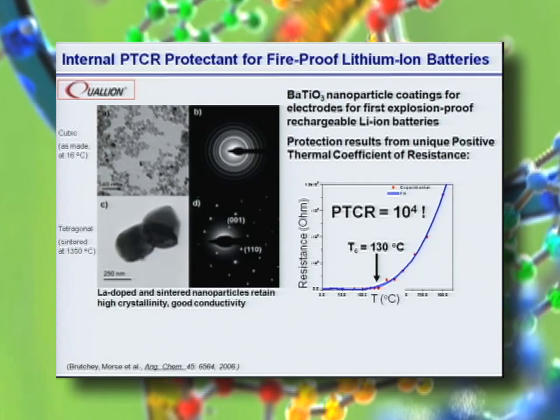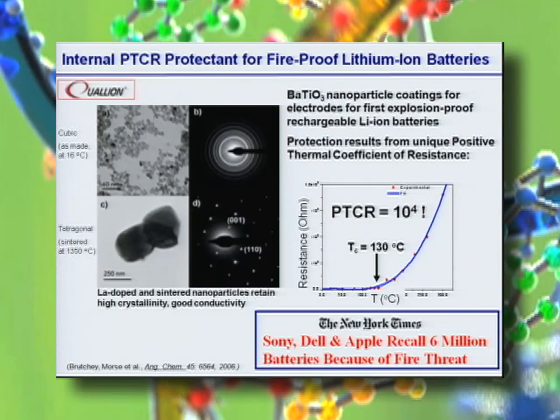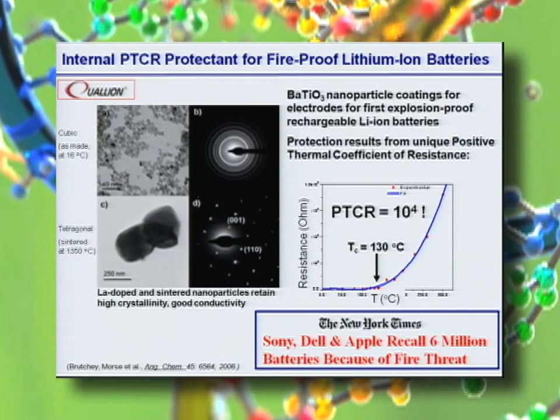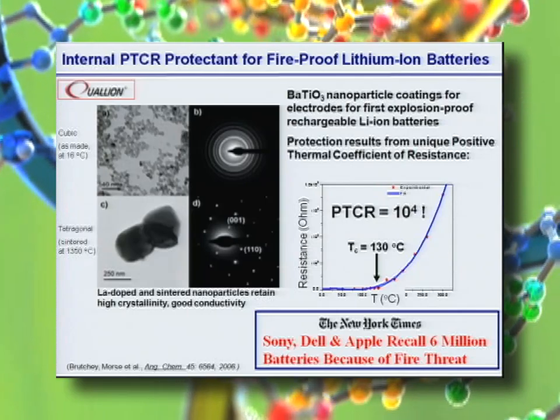And of course, we're thinking of using that as a thin film of the ceramic on the electrodes to provide protection against thermal runaway in response to heating from a short circuit, rather than igniting the flammable electrolyte. The barium titanate PTCR protectant would cut out the short circuit.